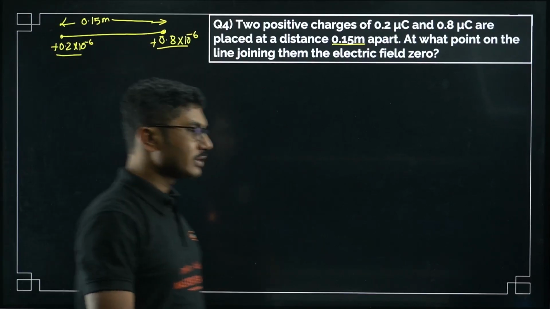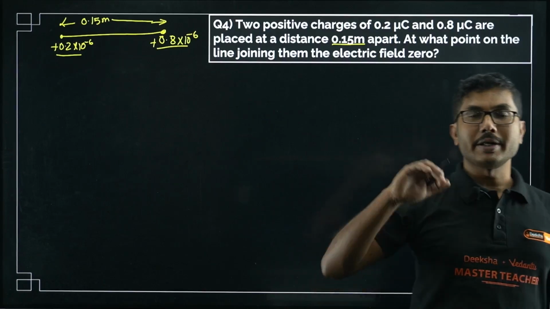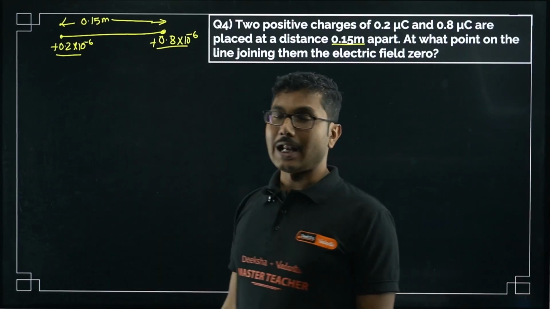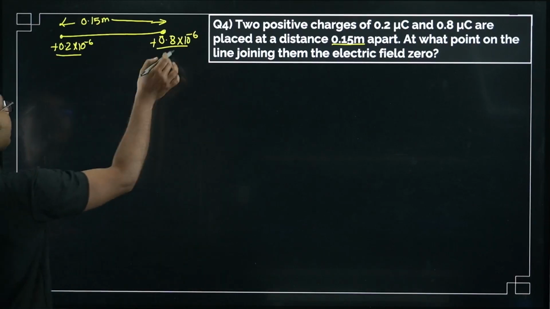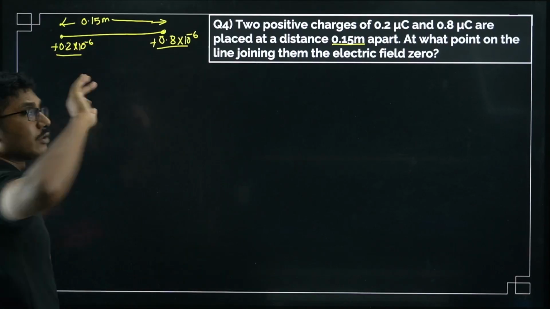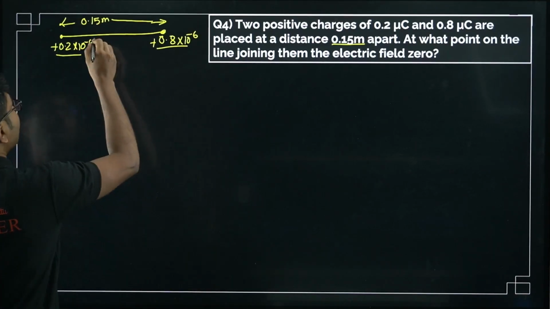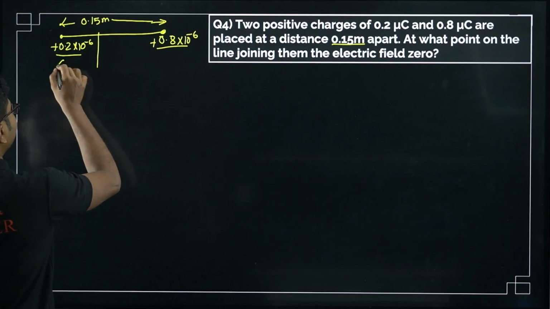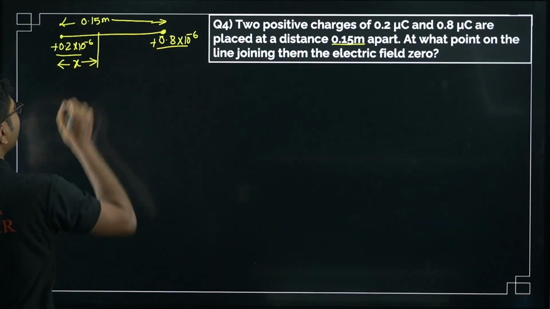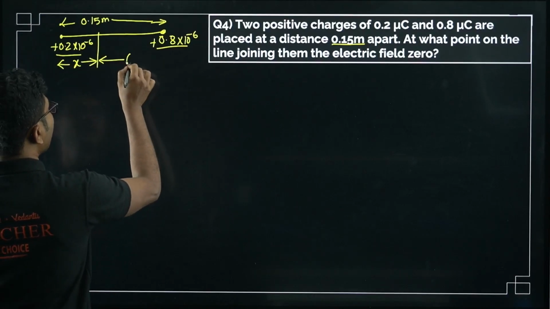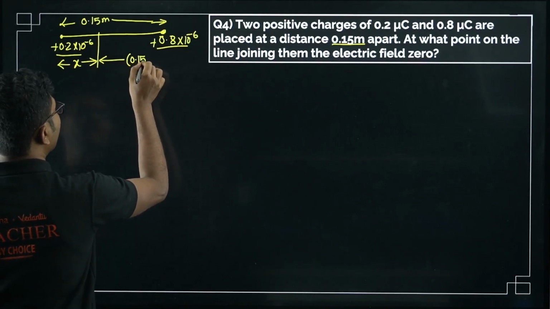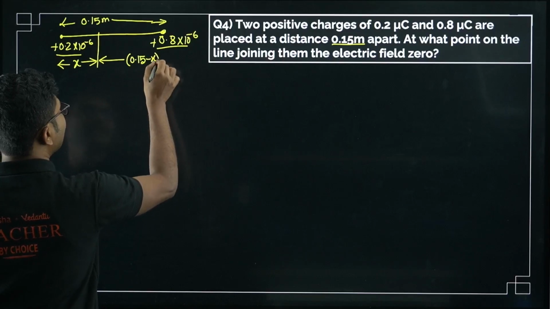If one is positive and one is negative, then the null point is outside the line joining the charges. So be careful about this. Since both charges are positive, the null point will be closer to the smaller charge. Say the null point is at a distance x meter from the smaller charge. So the distance from the bigger charge will definitely be 0.15 minus x.